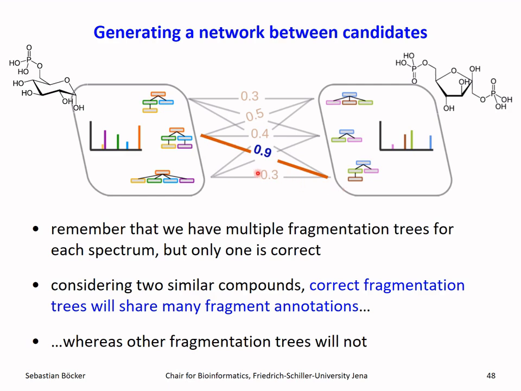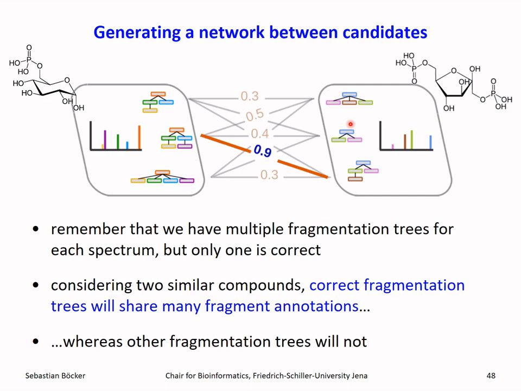And if those two compounds are similar, then the correct fragmentation trees should share a lot of fragment annotations. I just showed you that. Whereas if you grab any two random fragmentation trees, the wrong one here and the wrong one here, or the correct one here and an incorrect one here, they won't share too many fragment annotations. This is a more or less random tree based on this data.